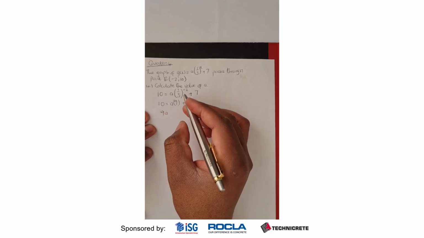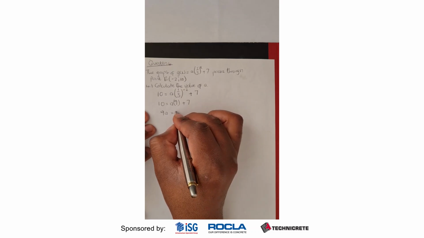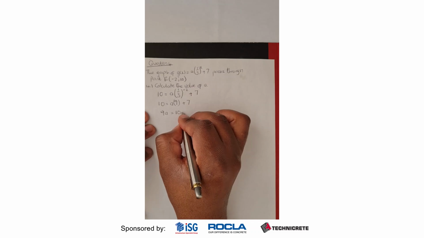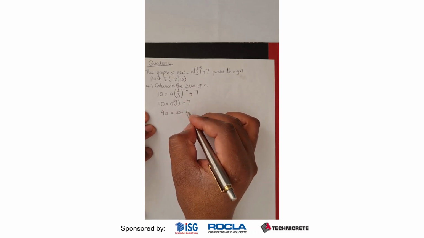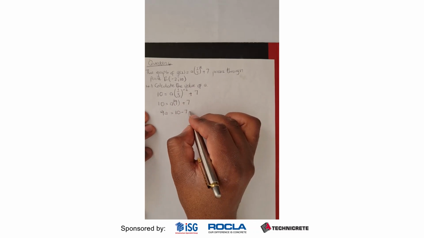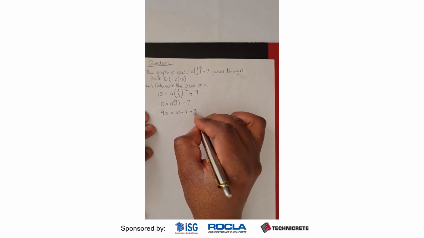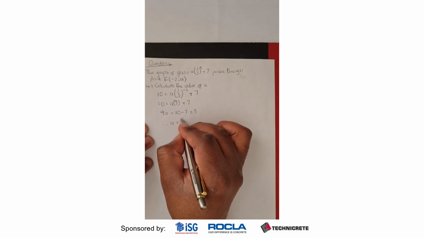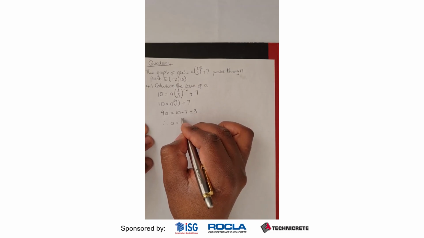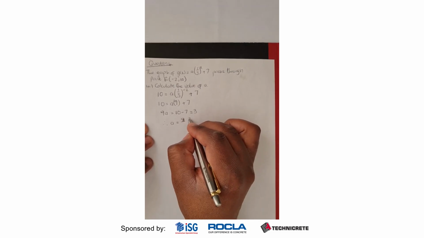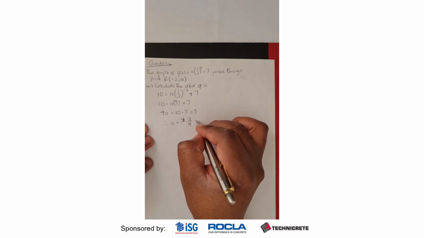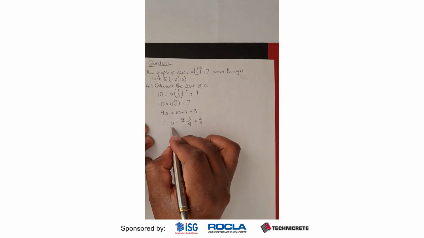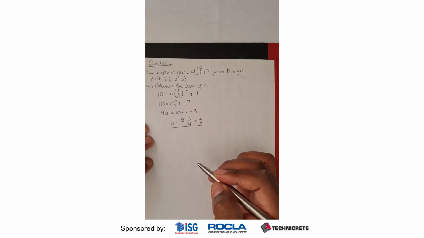That's just a times 9 equal to, and then we have on the other side, when 7 goes to the side of 10, it becomes 10 minus 7, which is 3. Therefore, our a equal to 3 divided by 9. And solving further for that is 1 divided by 3. So that is the value of our a.